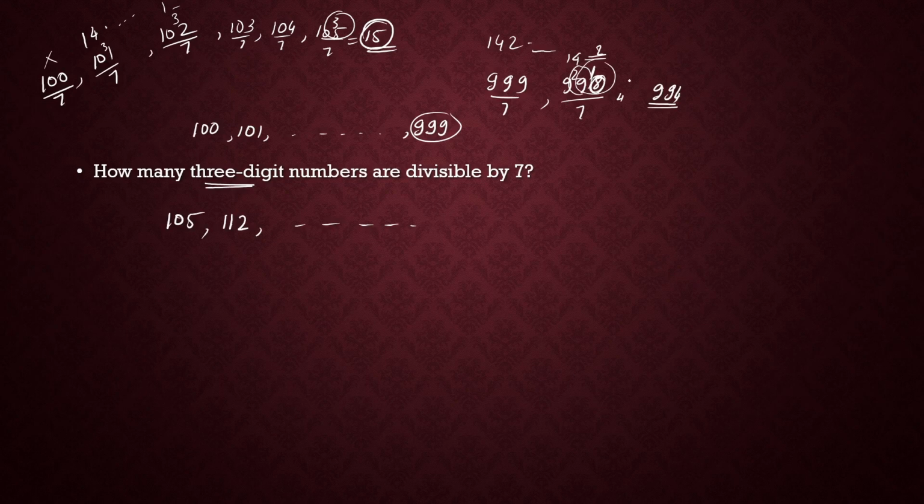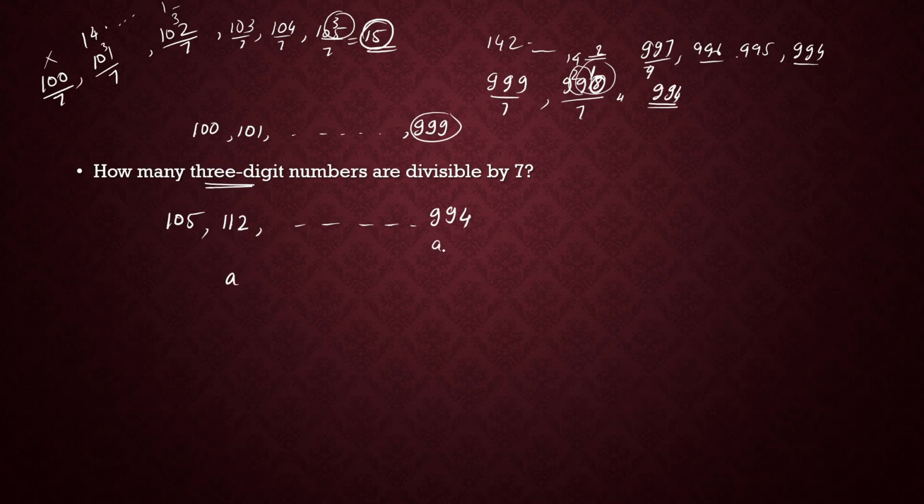If not, you can go checking this way. After 998, check if 997 is divisible by 7, 996, 995. After that, when you go to 994, you will get that it is perfectly divisible. So the last number is 994. So from this, how many three-digit numbers do we have?